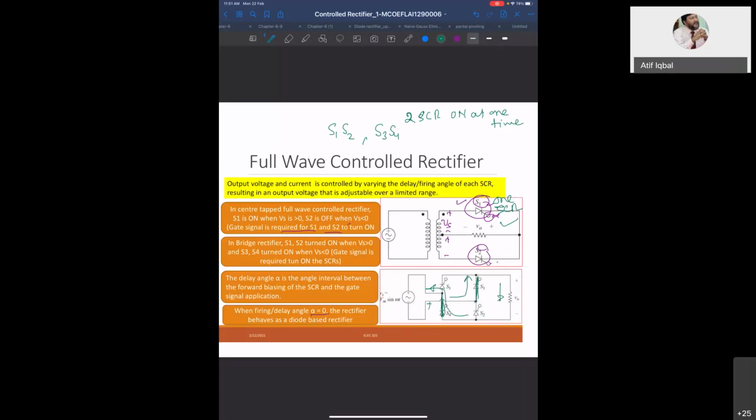So what you see is that the current reverses in the source side. And two thyristors work at one time. Okay, this is the bridge configuration.